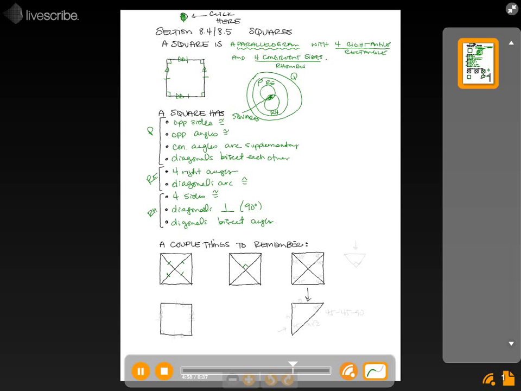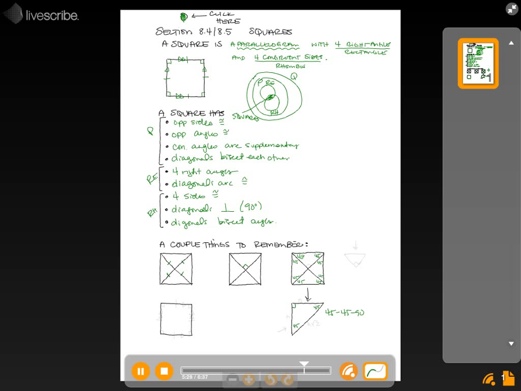The last thing we talked about is that the diagonals bisect the angles. Well, if the angles are 90, that means every angle here is 45 degrees. Okay? All of those angles are 45. And what can happen then is that we end up with 45, 45, 90 triangles. So you may need to go back and review your rules on 45, 45, 90 triangles.